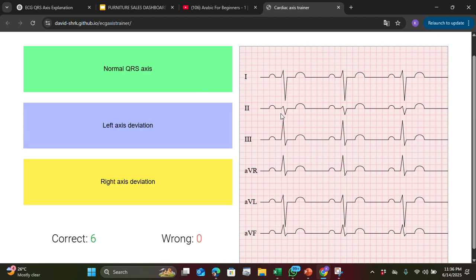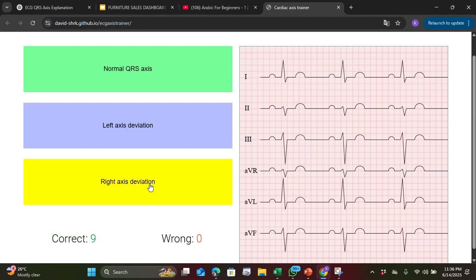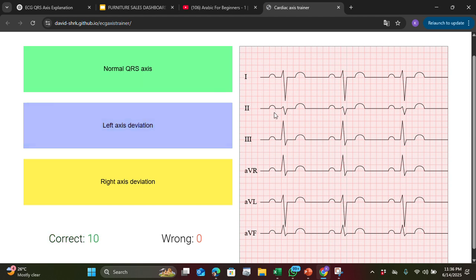Negative negative, and there's no extreme axis deviation here. So let's consider lead 3. Negative positive, that is right axis deviation. It was correct. So we have another negative positive, also right axis. Positive negative is left axis deviation. Negative negative, extreme axis is not here.